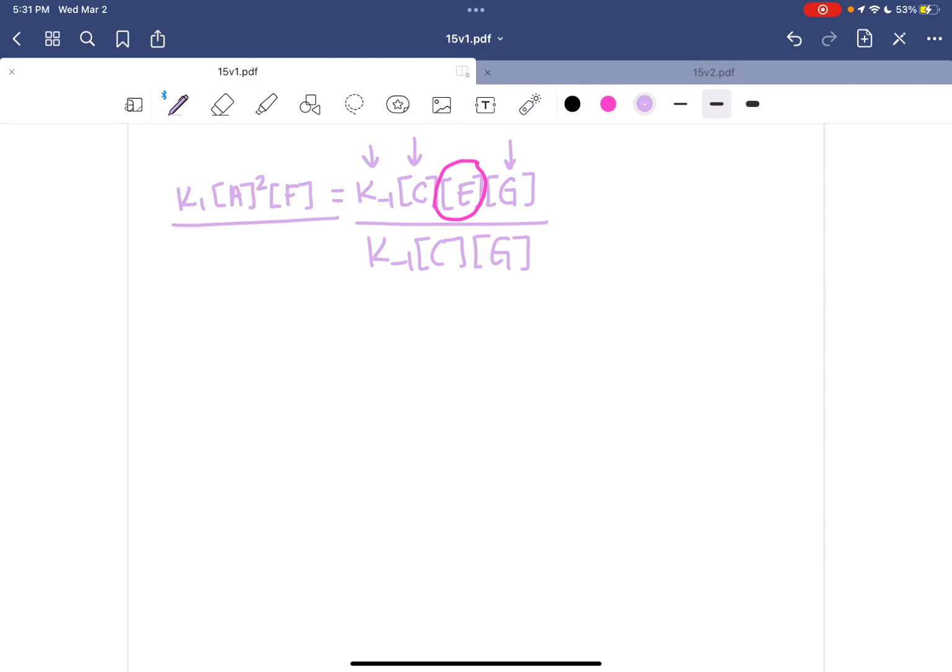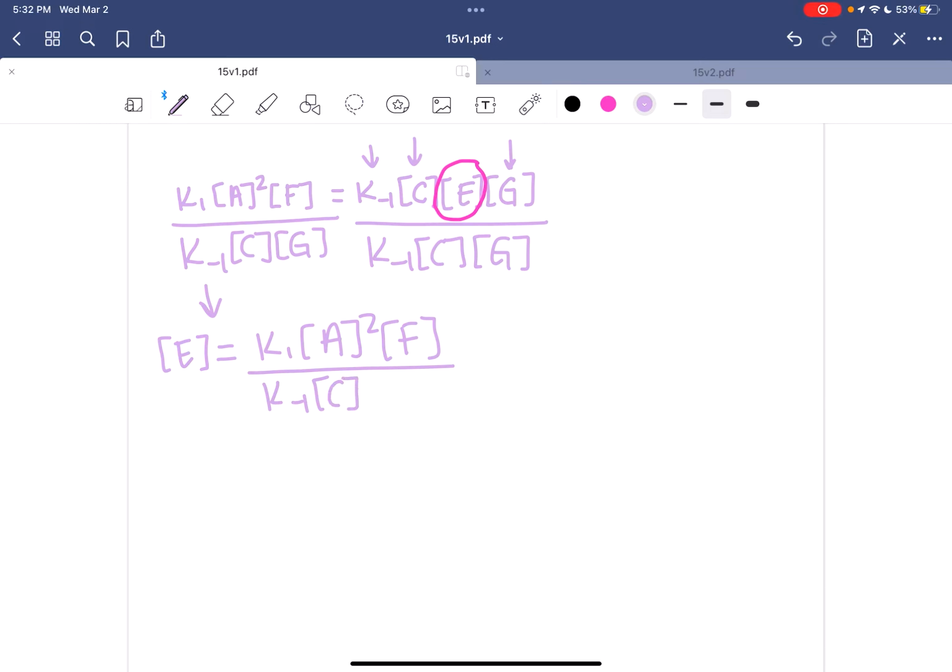So we're also going to divide the left side of this equation by the same thing. And what this turns into is the concentration of E on the left side, equal to K1 times A squared times F all over K minus 1 times C times G.